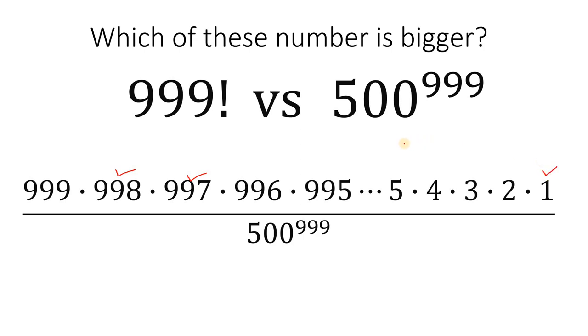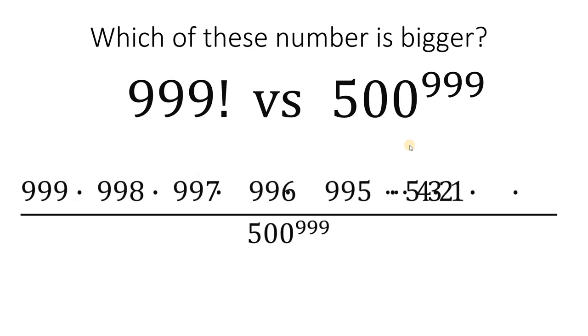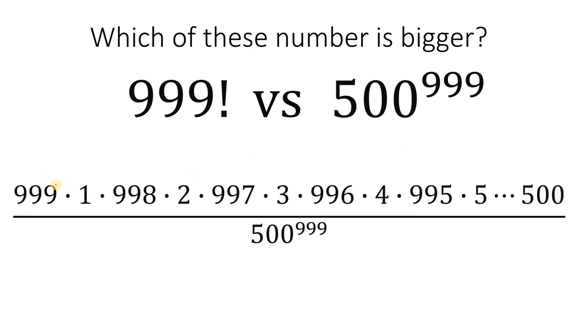Now we're going to rearrange some terms a little bit. So we have 999 times 1, 998 times 2, 997 times 3, 996 times 4, and so on and so forth, all the way down to 500. But before 500, we have 501 multiplied by 499.